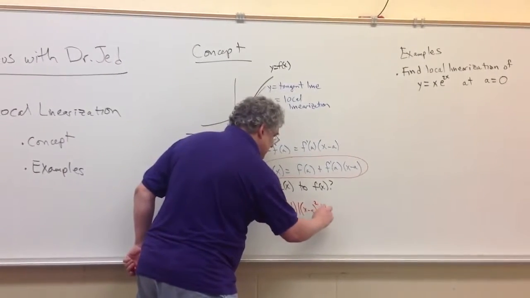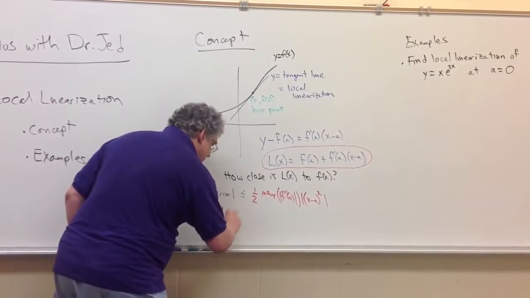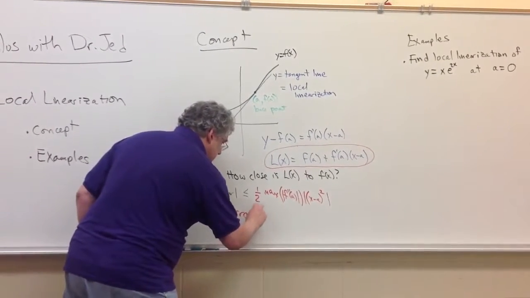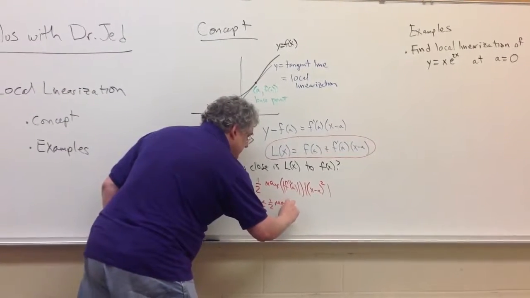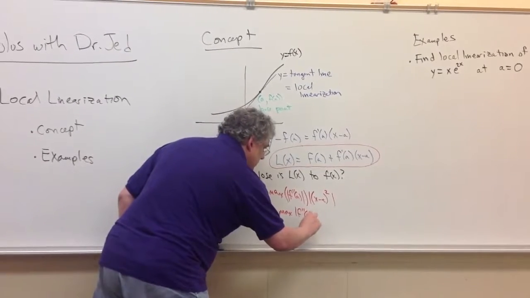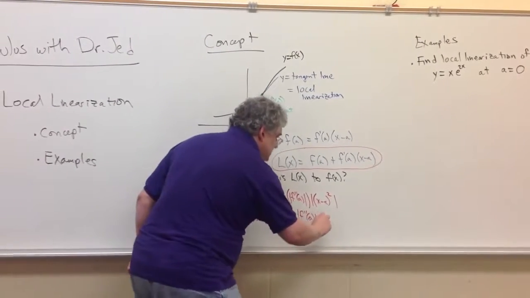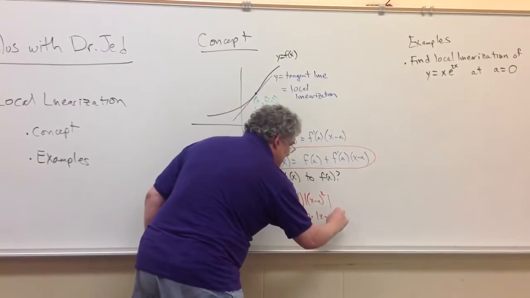And that's also an absolute value. So I'm going to rewrite this just so it's a little clearer. The error is going to be less than 1/2 the maximum of the absolute value of f double prime, times the absolute value of x minus a, squared.